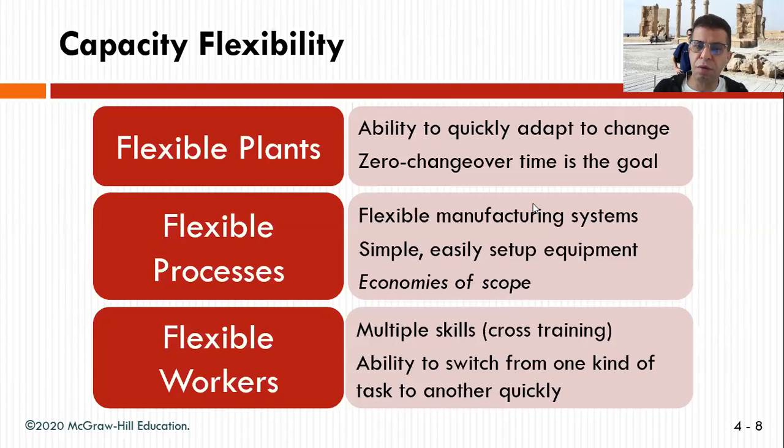And then you have the flexibility of process, which is a flexible manufacturing system, simple, easily set up equipment, economies of scale. So it's easy to put the equipment together, attach them, and start working on them. A best example is probably when you're trying to make noodles.